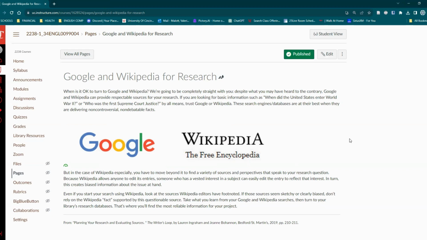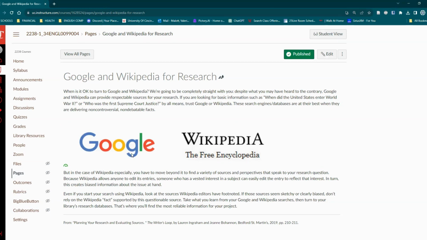It can be a great jumping off point, but as a source that you would cite, it really is frowned upon in academic writing because it is unreliable. So many people, just about anybody, can go in and edit a Wikipedia page and put inaccurate information, which is why we cannot rely on Wikipedia.